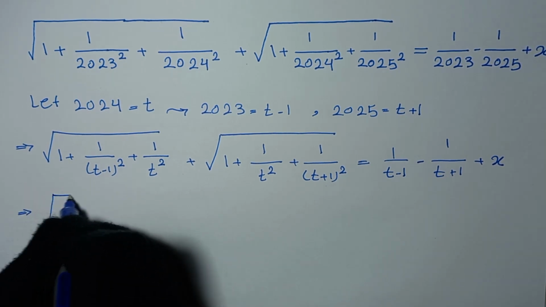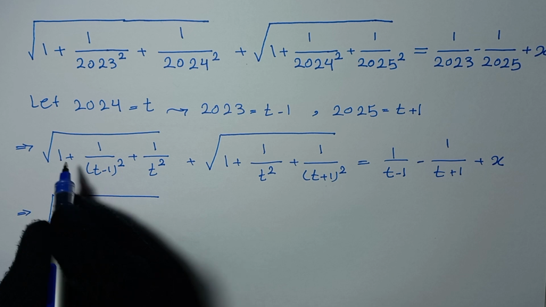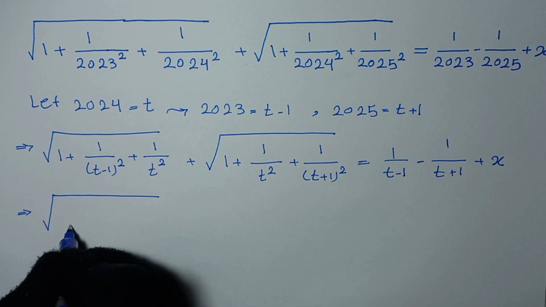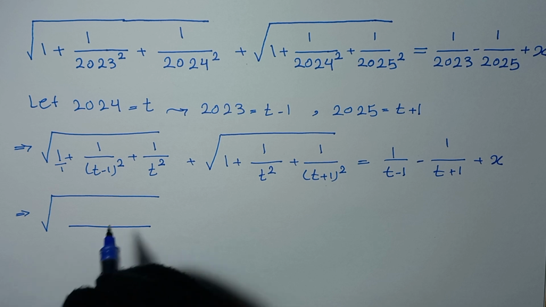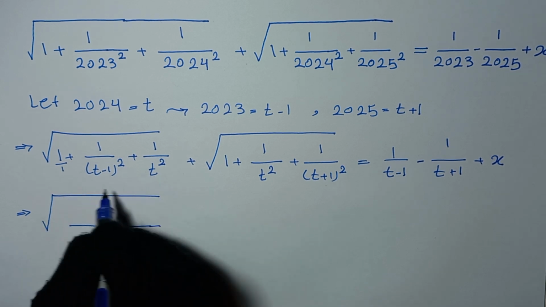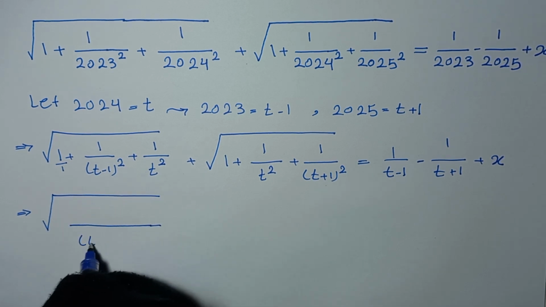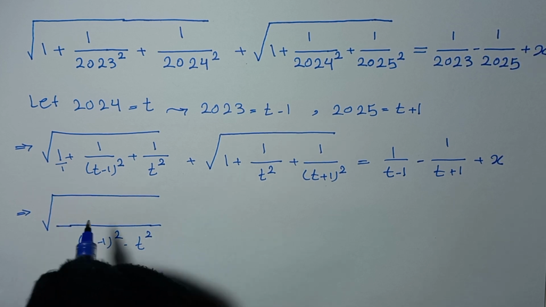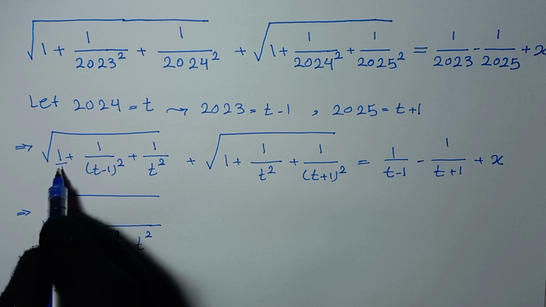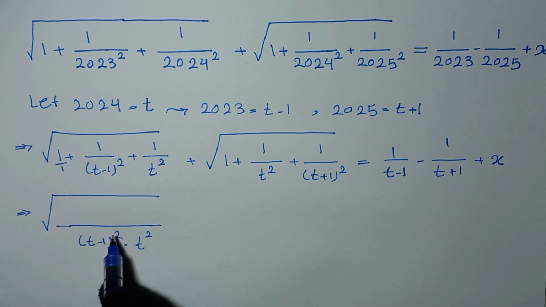In next step, we take common denominator from these three fractions. 1 is 1 over 1, right? So our common denominator is t minus 1 to power of 2 times t square. So we multiply this numerator by t minus 1 to power of 2 times t square.